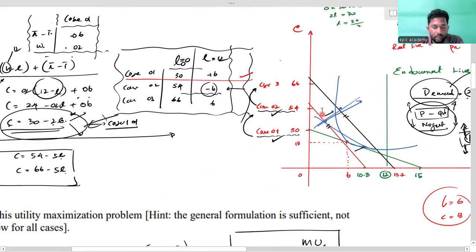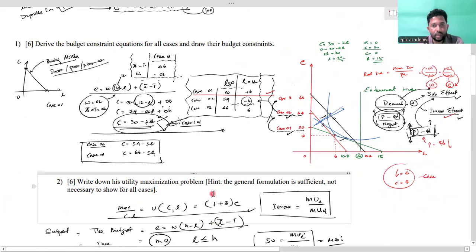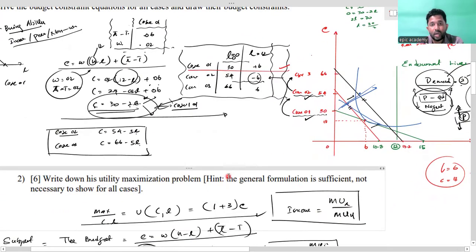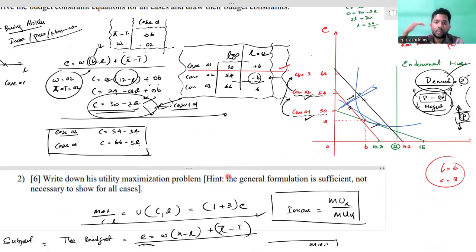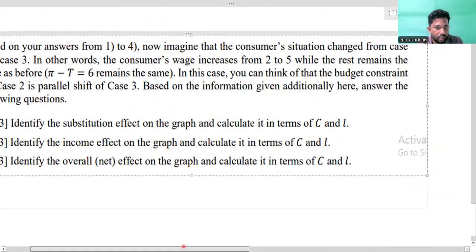The income effect changes from case 2 to 3. So if you are going to calculate anything related to the substitution effect, you have to calculate between case number 1 and case number 2. If you are going to calculate anything related to the income effect, you have to calculate between case number 2 and case number 3. That is what is happening here.